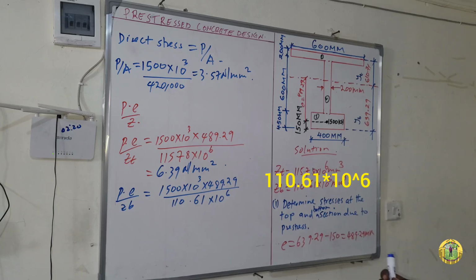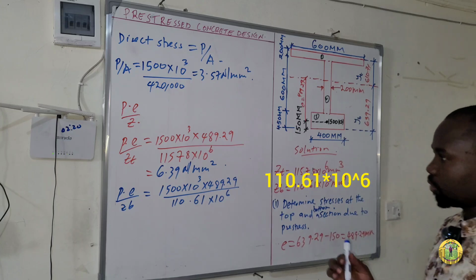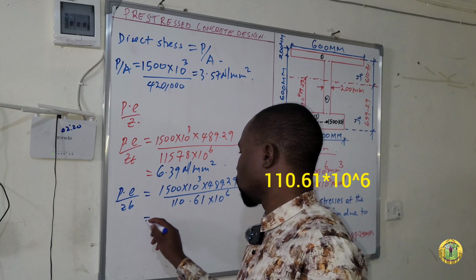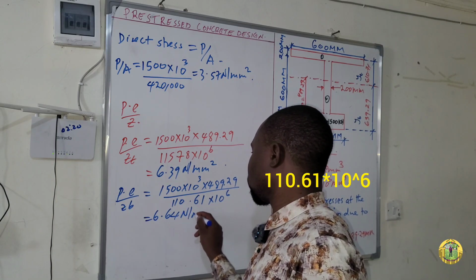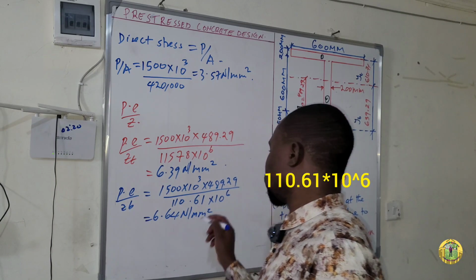So the answer is 6.64 Newton per millimeter square.